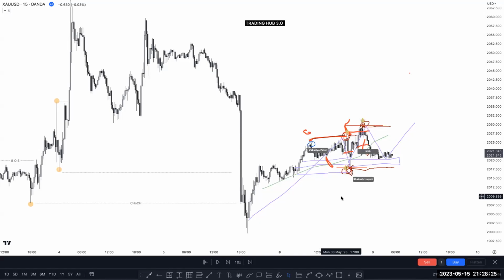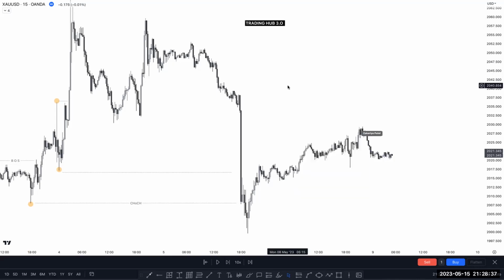Okay, perfect. Yes, sir. This one looks very valid. To confirm any higher high, market must take out the inducement. So where is our inducement?